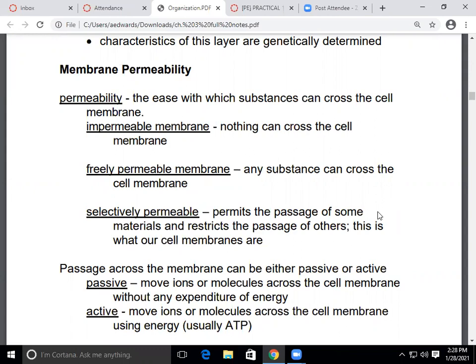They could be freely permeable and anything can get across the membrane. Or they can be selectively permeable, where some materials can get through and others cannot. And our cell membranes are selectively permeable, okay? So definitely want to know the term selectively permeable, right?